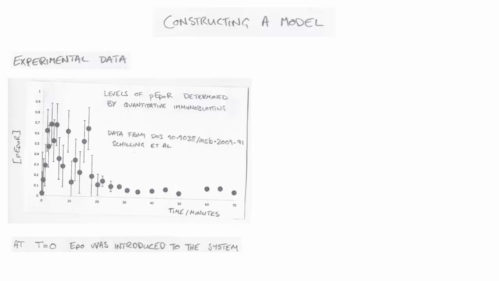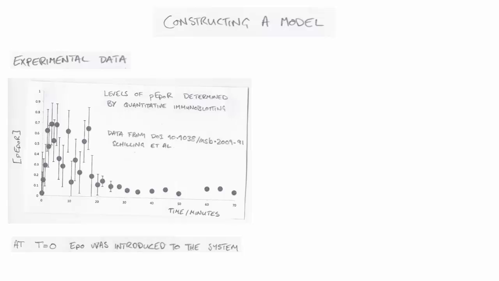So I've pulled out that experimental data. You'll see it's not quite the same data as is used in the textbook, and I've used this one because it actually shows the error bars, and it gives us a better idea of what possible models are acceptable to fit the data. We see a bit more that the measurements are actually quite noisy.